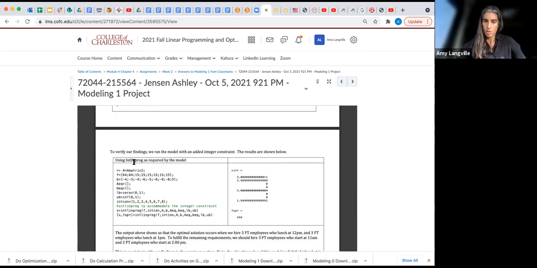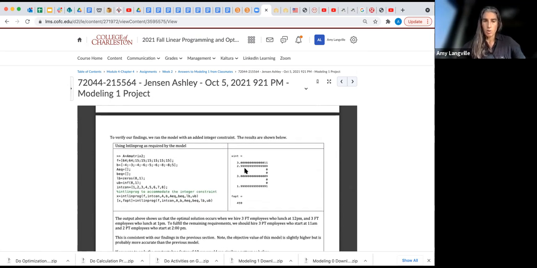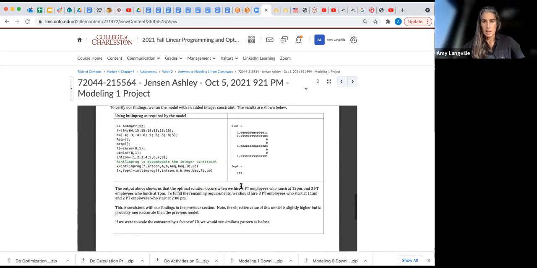So then they talk about what they prefer to do, which is intlinprog. And now I think this is probably by default running a branch and bound method. So this really is integer programming, if we were doing another type of method. So this is integer. And then they have a nice discussion here that this objective value is higher.